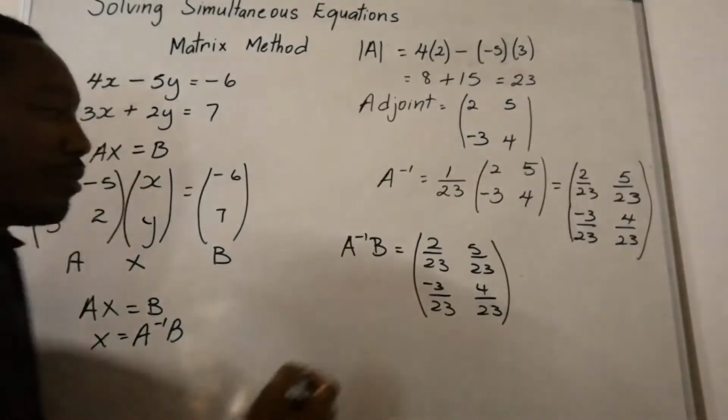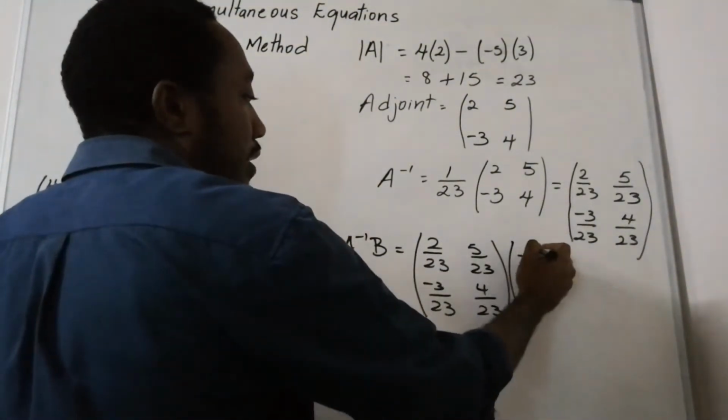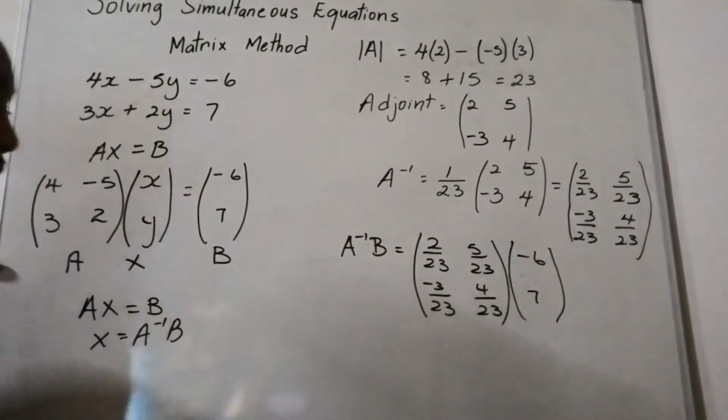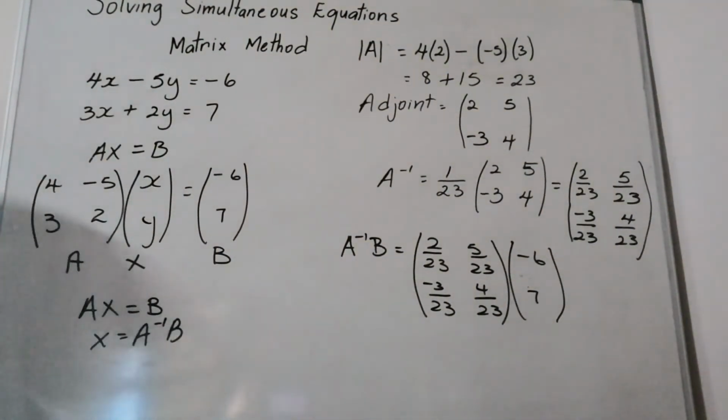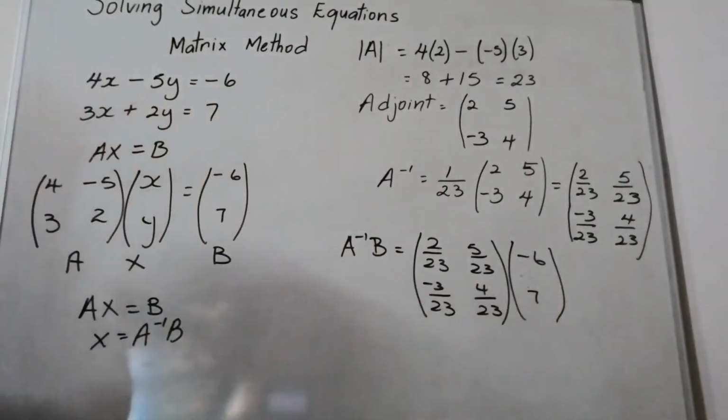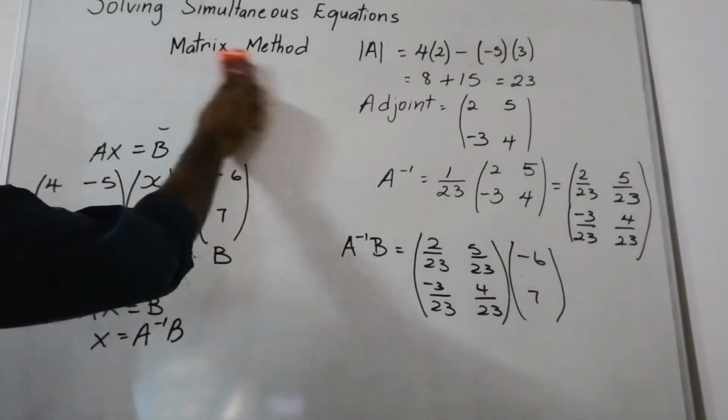and we go ahead and multiply that by minus 6, 7. Let's remind ourselves how to multiply. Remember, to multiply, we go row by column.